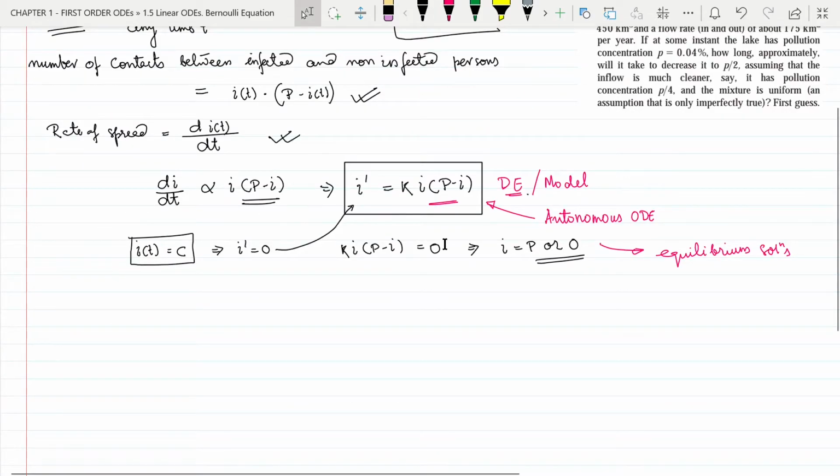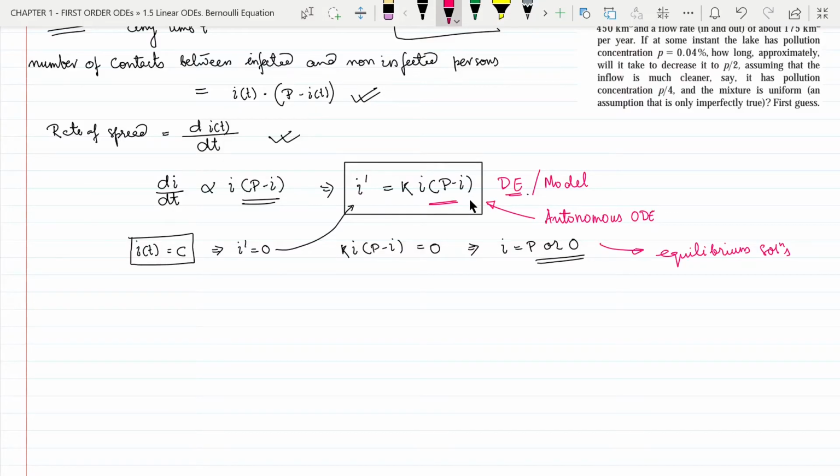To learn how to draw slope fields of a differential equation using a CAS, or computer algebra system, refer to video number 5 of this Kreyszig series. I will assume that you have already seen that video and will proceed further.